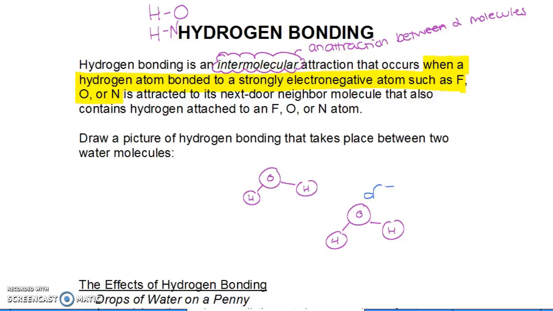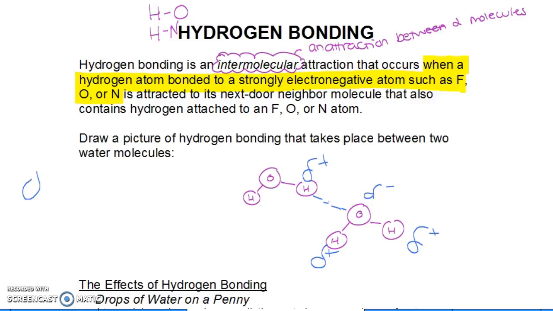So the atom with the greater electronegativity is partially negative, and the atom with the lower electronegativity is partially positive. So a partially positive portion of your atom is going to have an attraction to a partially negative part of your atom, and vice versa. If you have a partially negative part, it's going to be attracted to the partially positive part. As a result of this, you are going to have a pretty strong bond between two molecules.